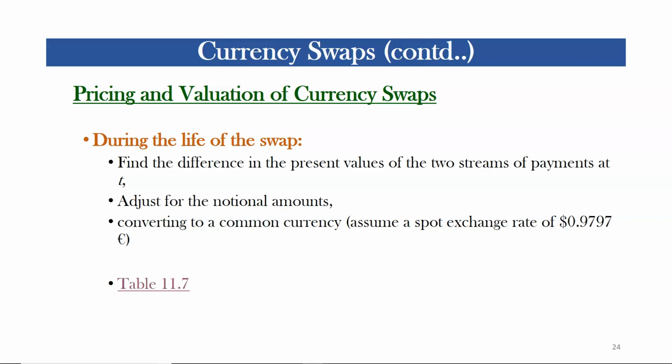In table 11.7, we value the currency swap of the Reston Technology example during its life. Though we have a fixed for fixed currency swap, we also value the floating sides of the swap in the two currencies so that we can value other possible currency swaps. Remember, we do not need to value the floating sides at the start of the swap as they are equal to par value anyway.